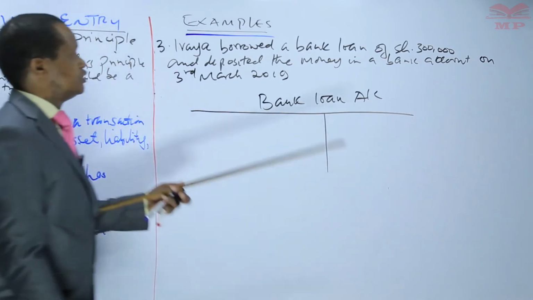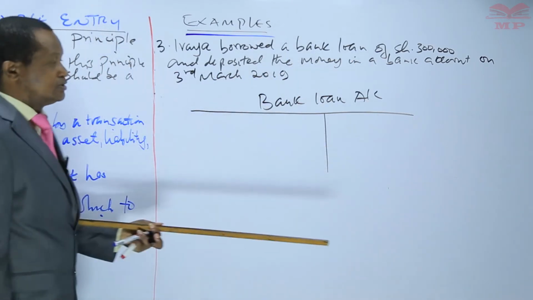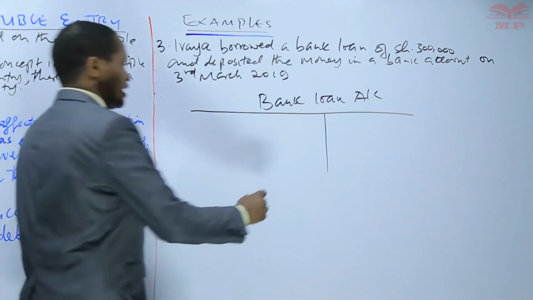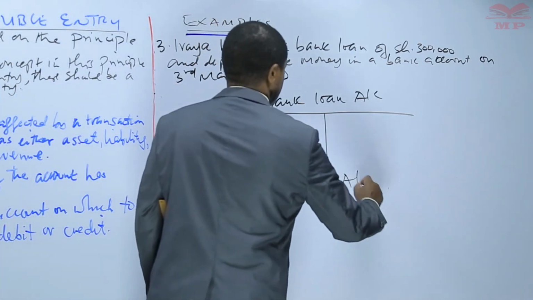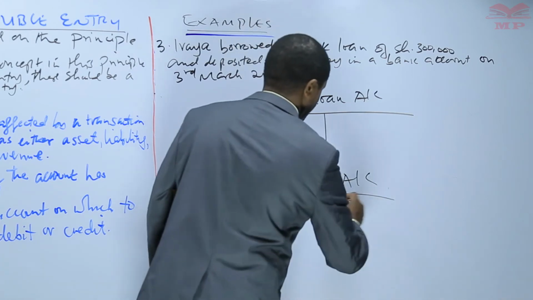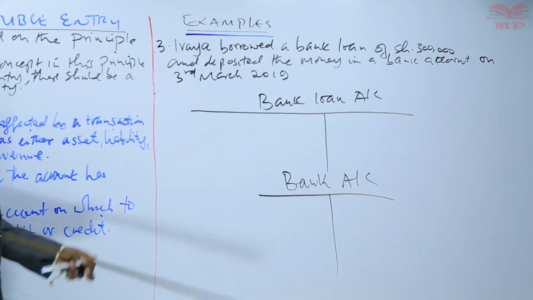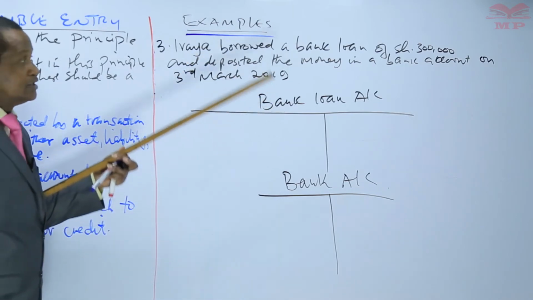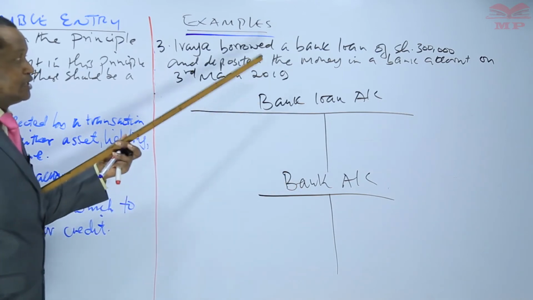Number two, deposited the money in a bank account. So we have bank account. This money was taken, deposited in his account. So that is step number one, identify the two accounts affected by the transaction.